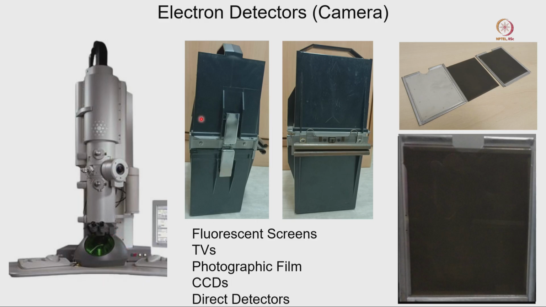So, this plate camera we can fit at the bottom here, and then this is the handle, it will bring that entire plate out here, and it will go through the exposure and it will be stored at the bottom.